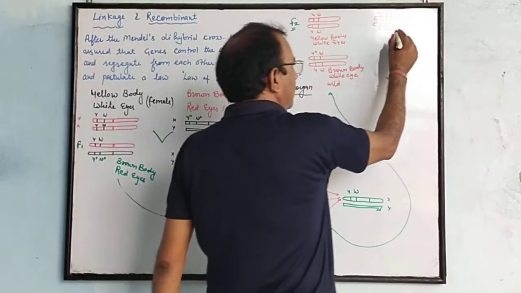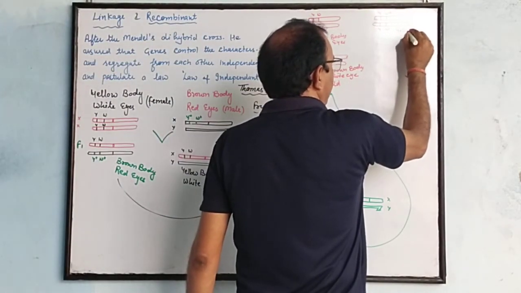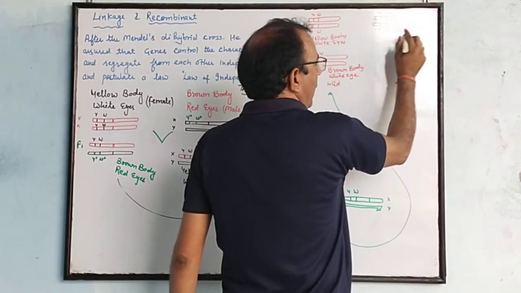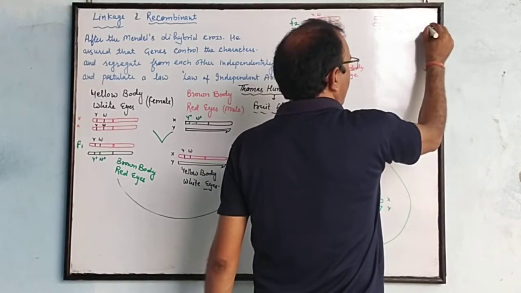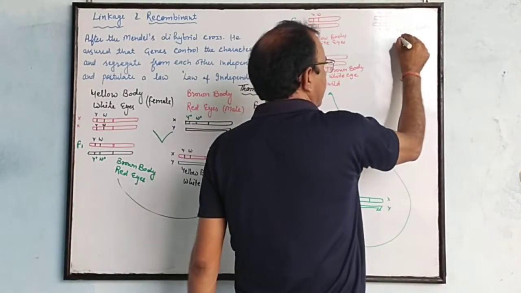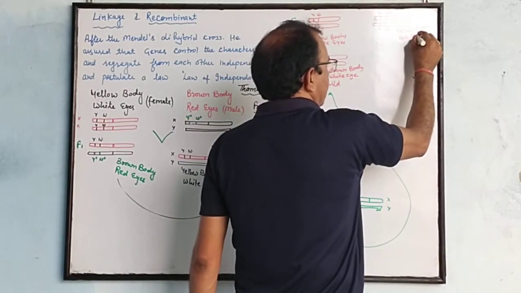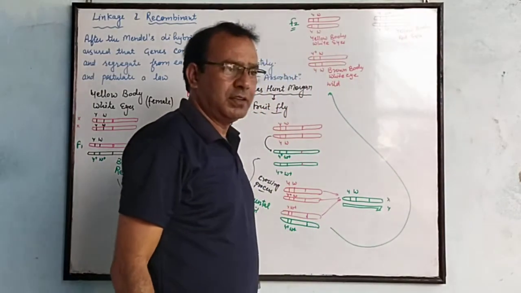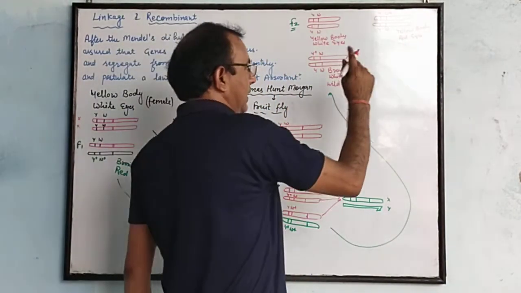So we can see yellow body, because both have Y. Y stands for yellow body, and W plus is dominant, so red eyes. These are also separate from the parental, so they are non-parental.